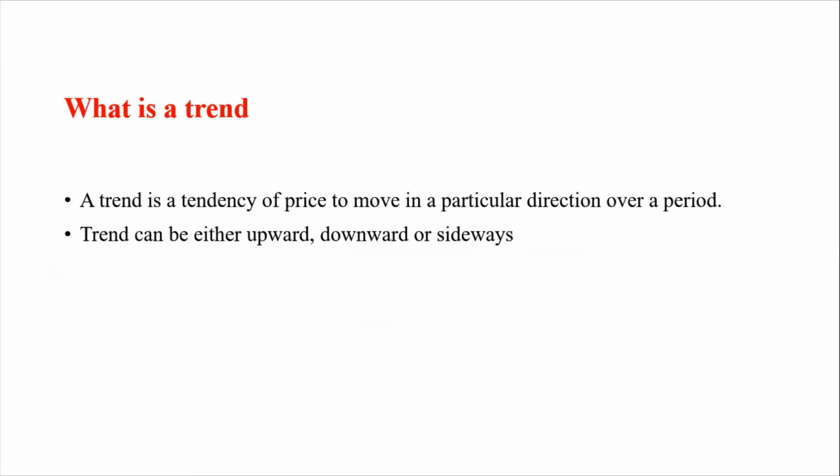So a trend is a tendency of price to move in a particular direction over a period of time, let's say a day, a period like 1 month, 4 hours, 15 minutes. That is at that particular period of time. So a trend can either be an upward trend, downward, or a sideways trend.